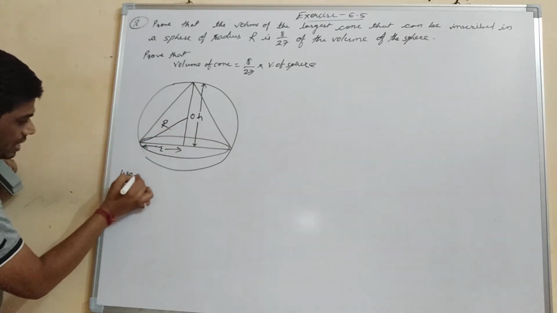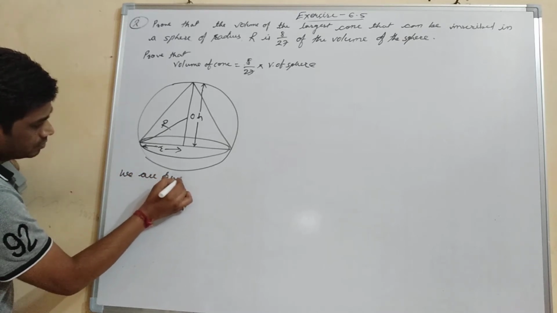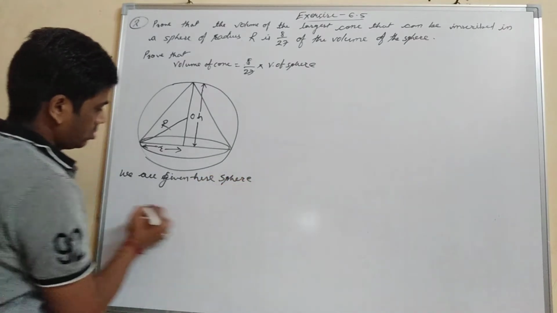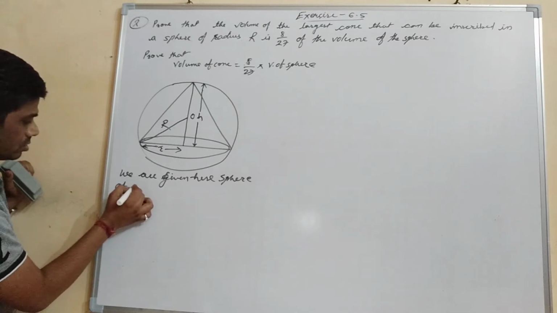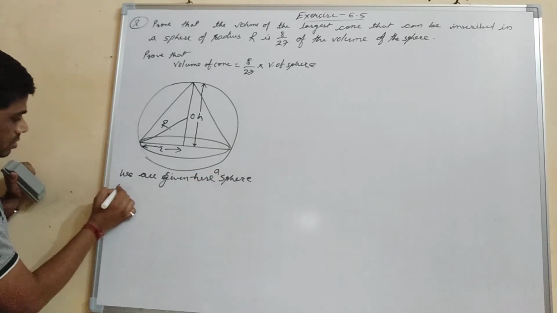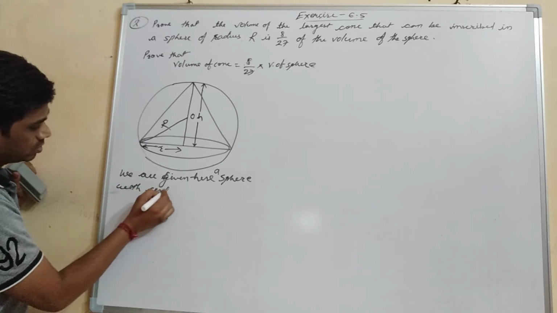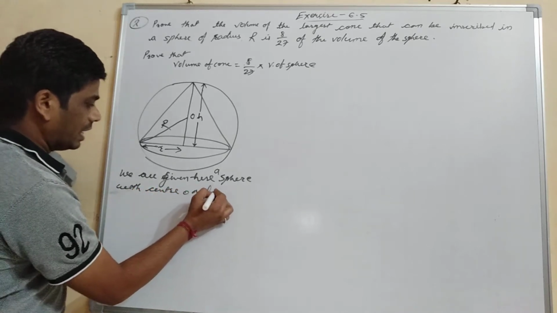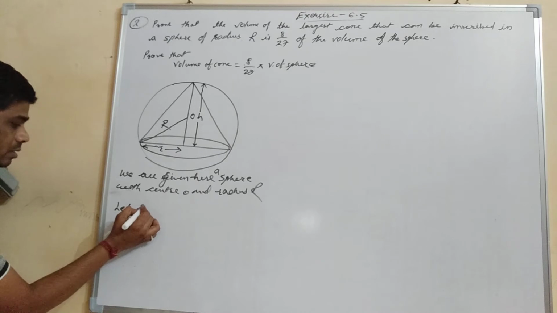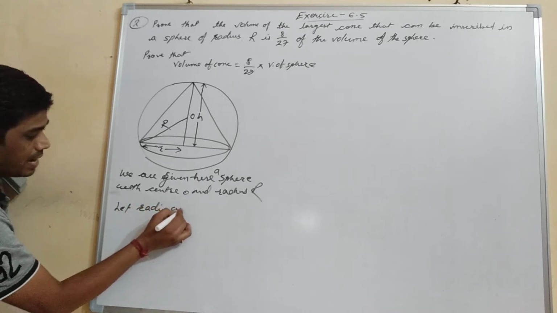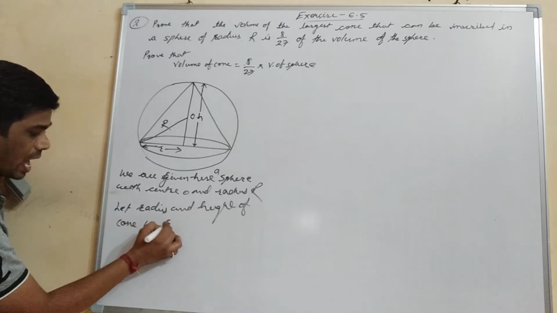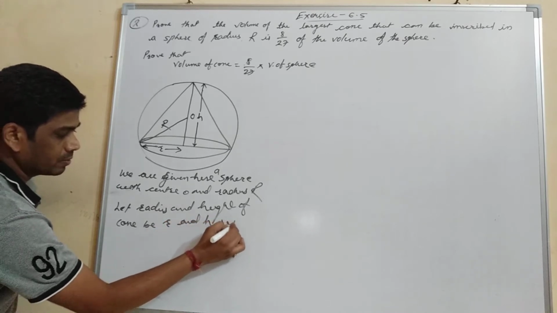So we are given here a sphere with center O and radius capital R, and let radius and height of a cone be r and h respectively.